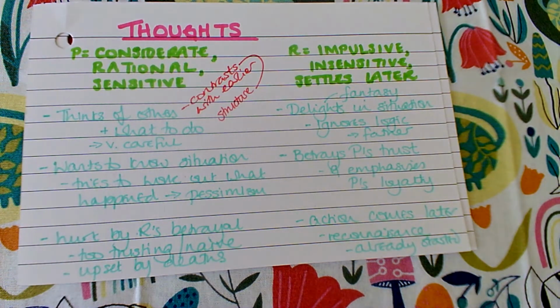So what is it that Piggy thinks of others? Well, he is worried about what's happened to other people. He gets upset and agitated when he thinks that there might be children who didn't get out of the plane, that there are children who didn't survive. He wants to know what to do, and he's very, very careful.